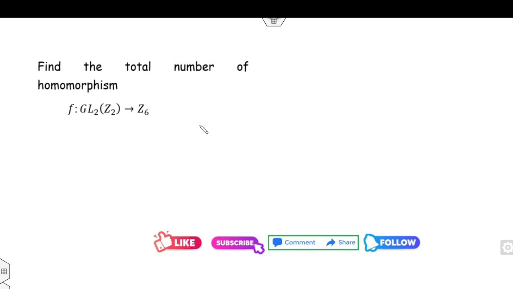The total number of homomorphisms from this. Now you can see this is not Z, so you are unable to define the GCD of something comma 6. Fine. How can you define the group homomorphism? First of all, you can find the order of GL(n, F_p).